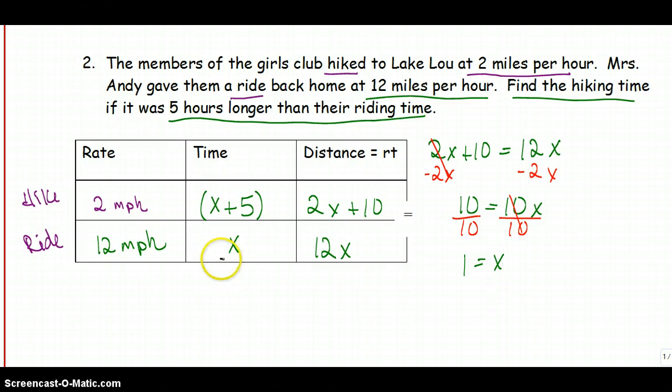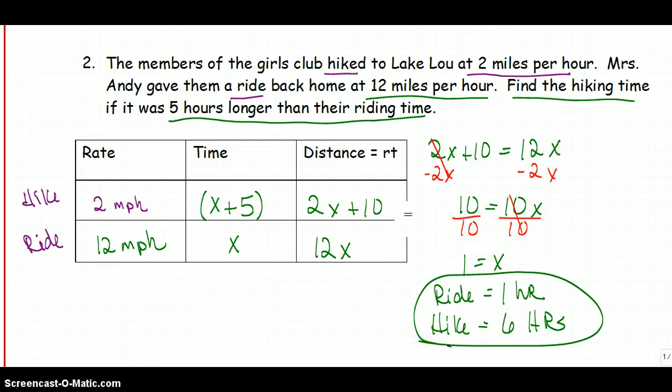So I know the x, that was my riding time. So I know that the riding time was 1 hour. And the hiking time, well, 1 plus 5 was 6 hours.